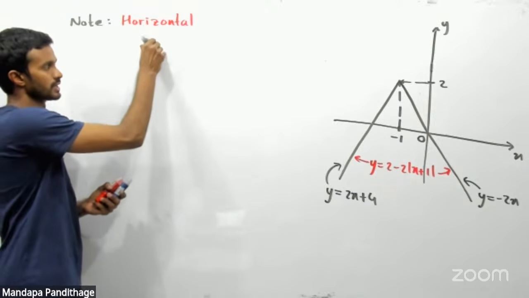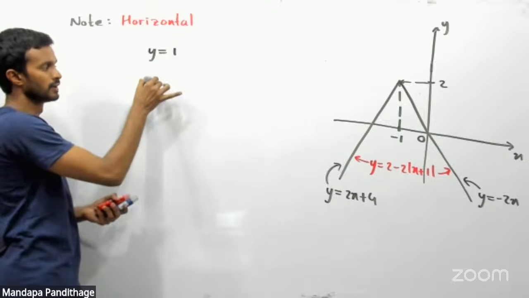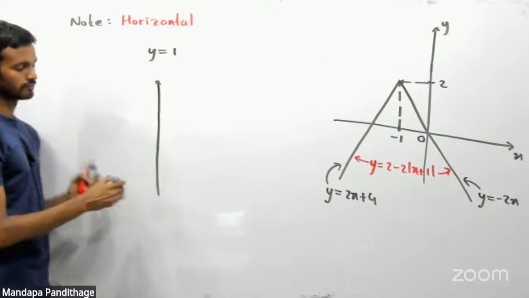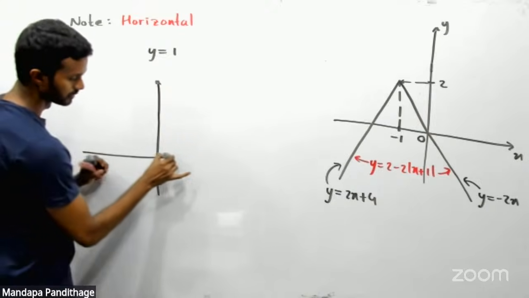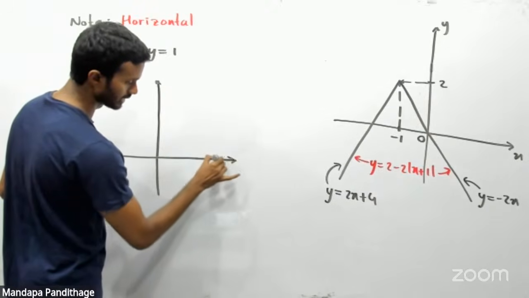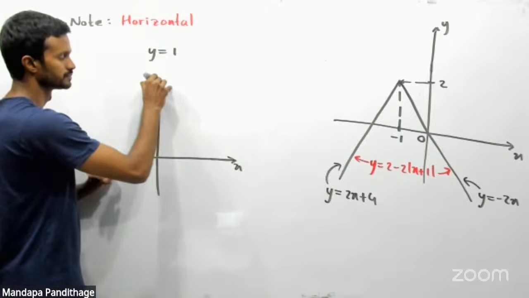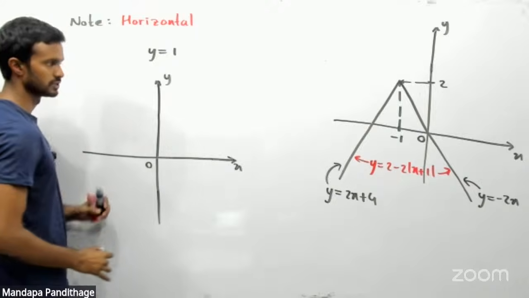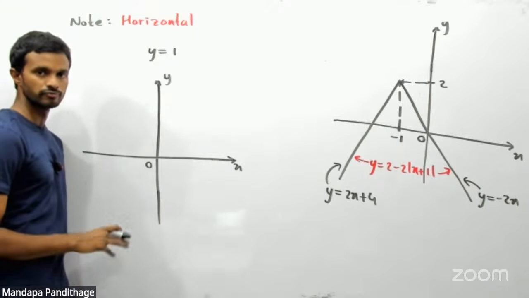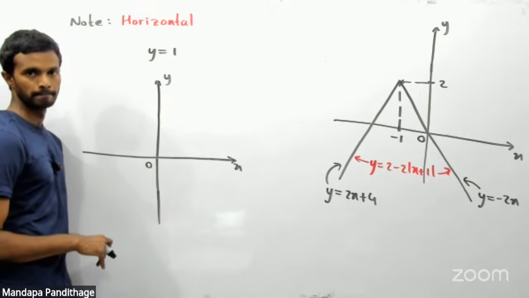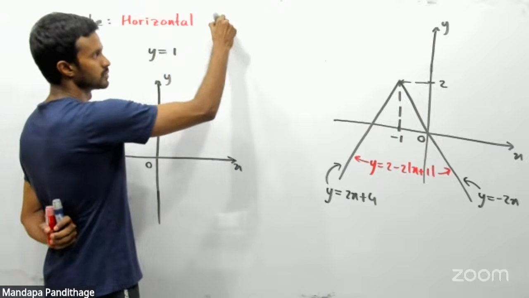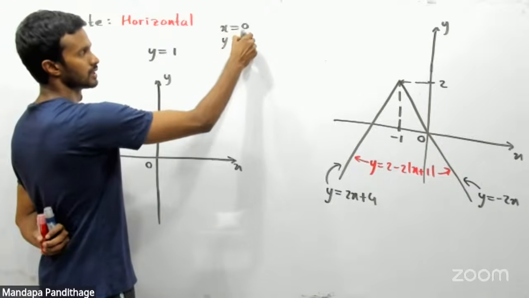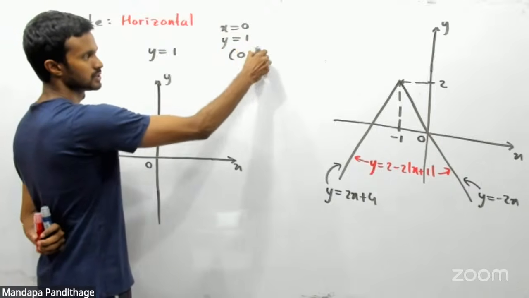Okay, horizontal straight lines. Now look at this. If I consider the straight line y equals 1, it means that despite the x value, the y value every time remains 1. So if you substitute x equals 0, you still get y equals 1, which means it is going through the point (0, 1).